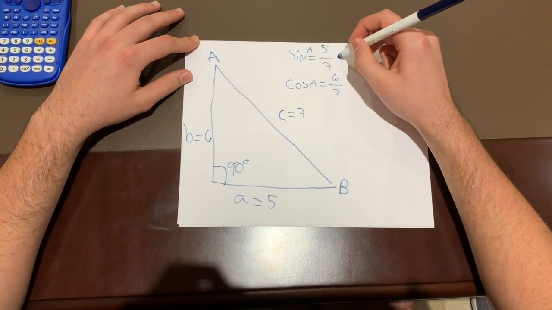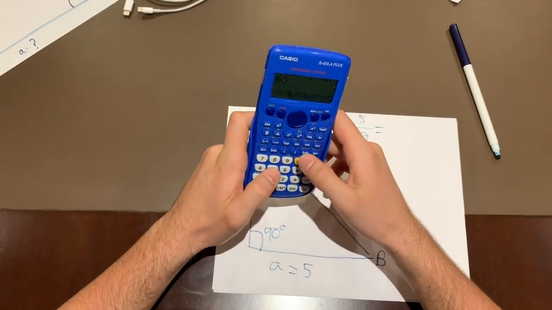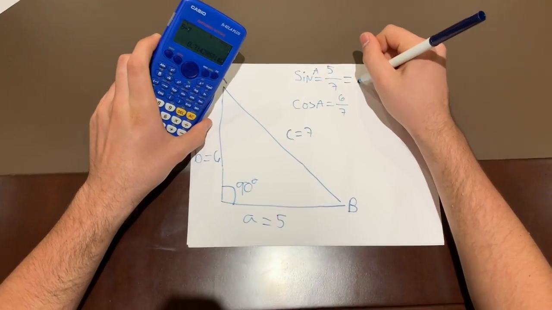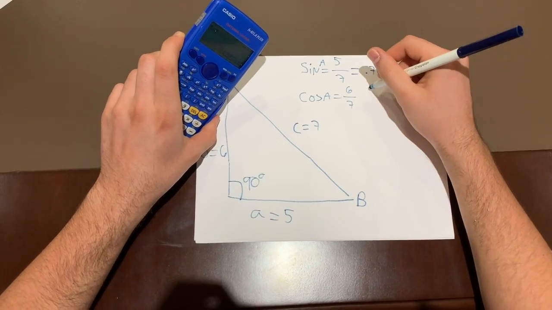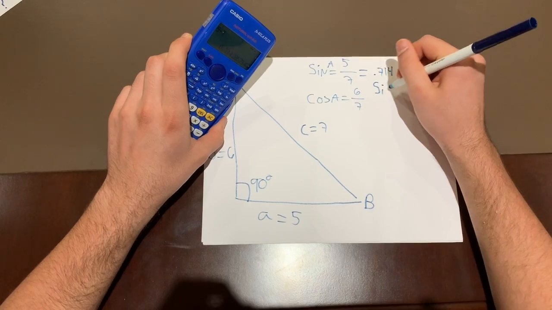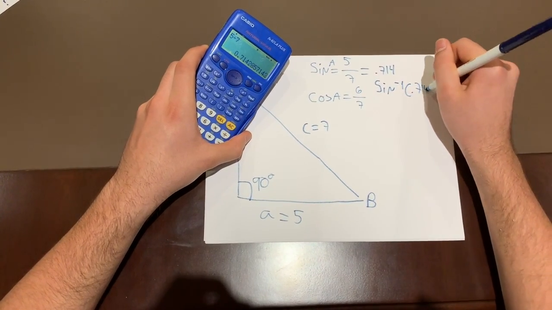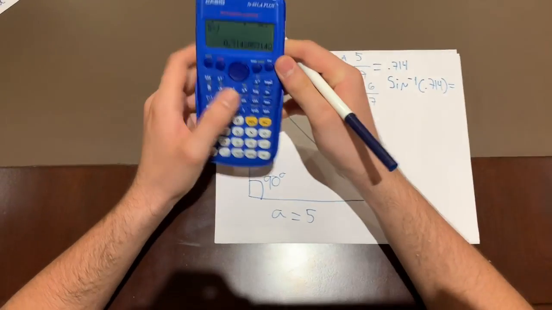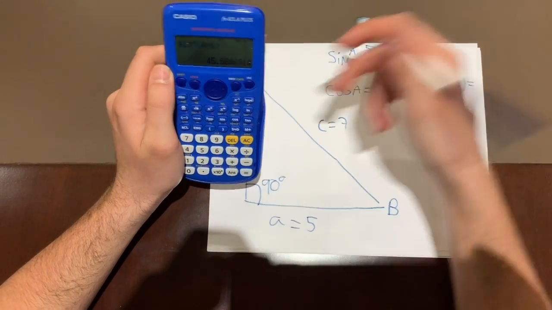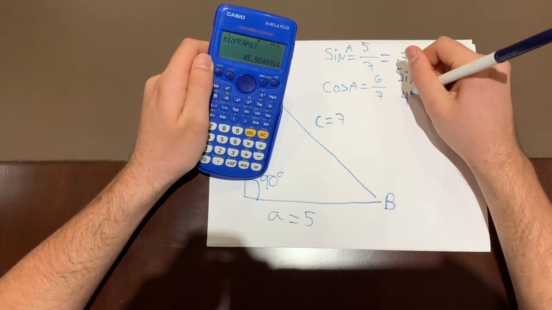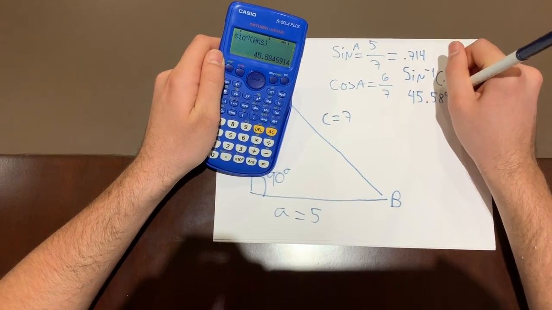So we need to find 5/7, which is equal to 0.714. And to get the angle A, we need to do the inverse sine of 0.714, which is equal to 45.58 degrees.